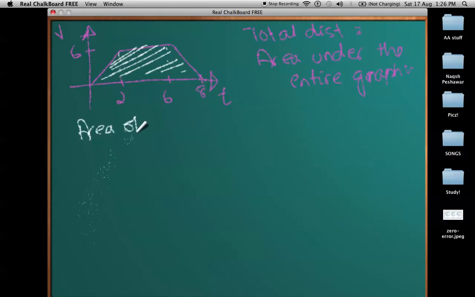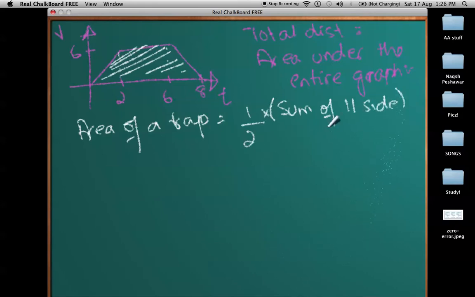So the area of a trapezium is given by half times the sum of parallel sides times height. In this case, this is one parallel side and this is the other parallel side, and this is the height.